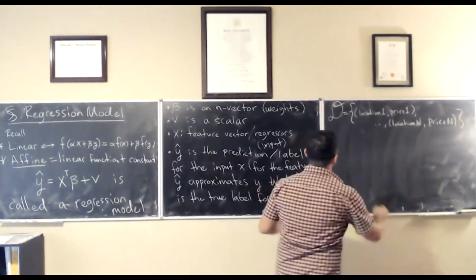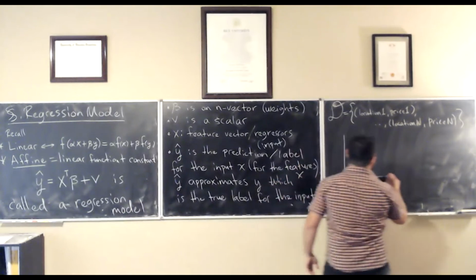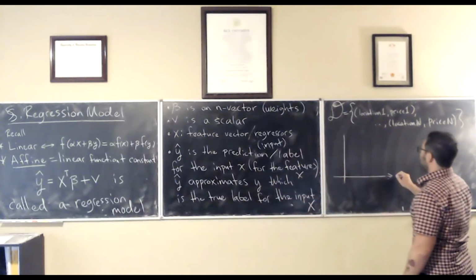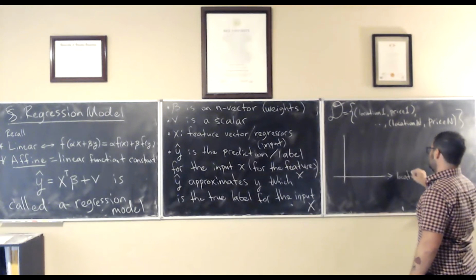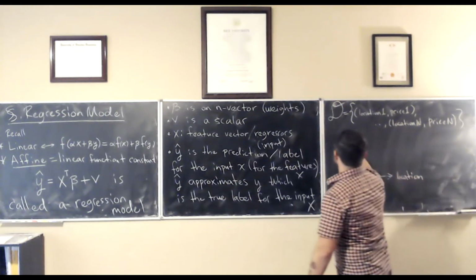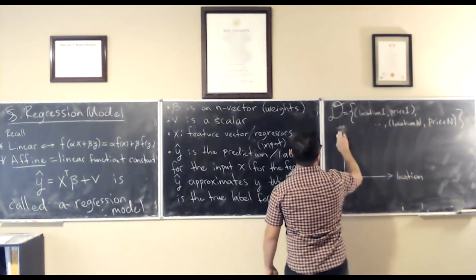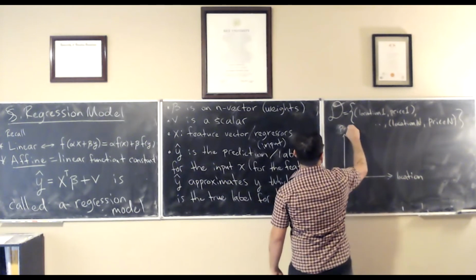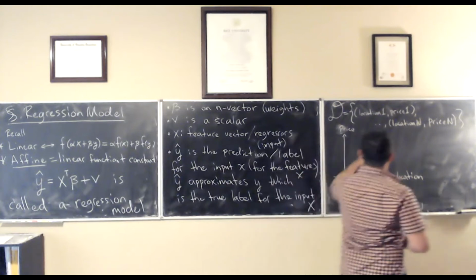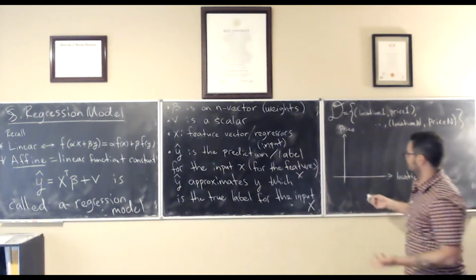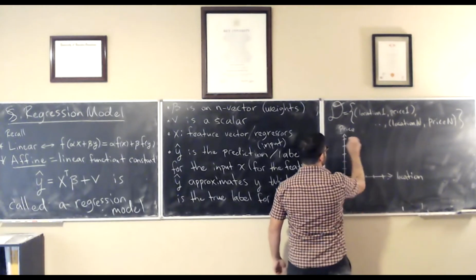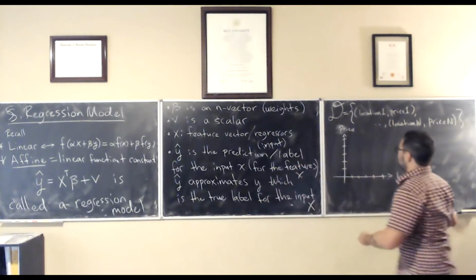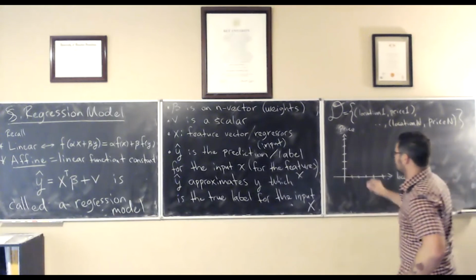So for example, if your x-axis here is the location and your y-axis is your price, we can plot this data to get a sense of what's happening here. And maybe the data that we collect looks something like this.